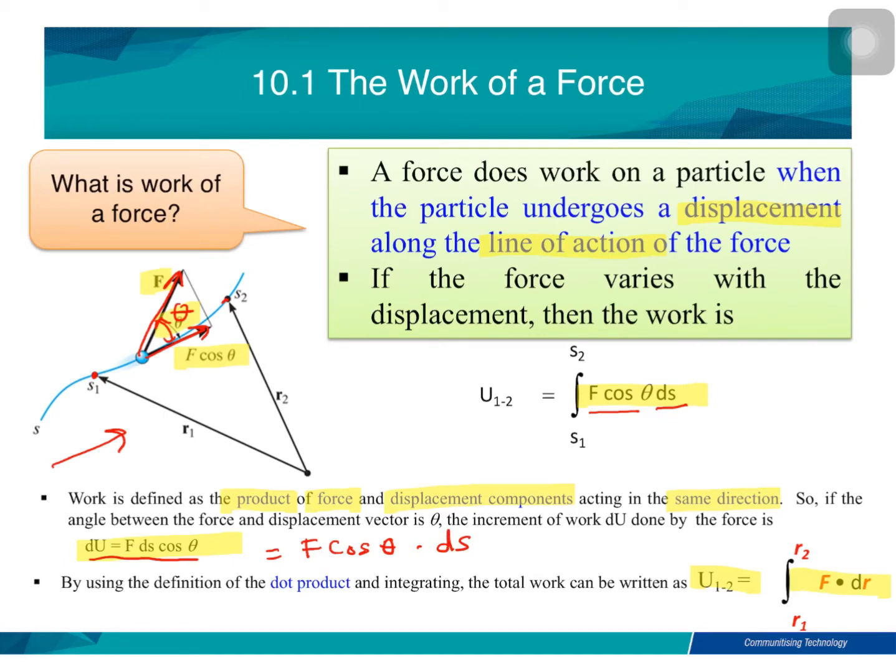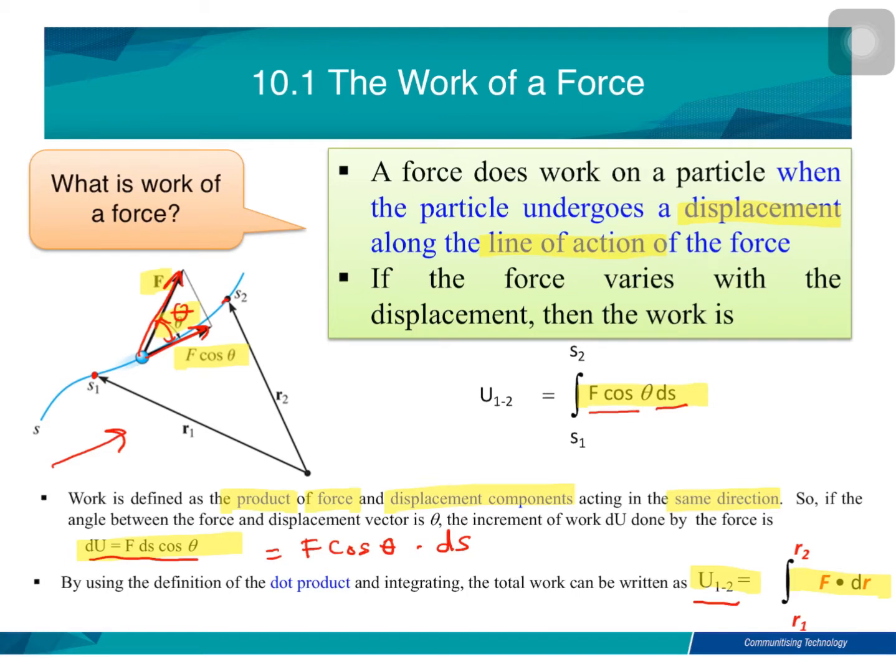Right? By using the definition of the dot product and integrating, the total work done can be found. Work done from 1 to 2 means moving from point 1 to point 2, and it is equal to the integration of F dot dr.